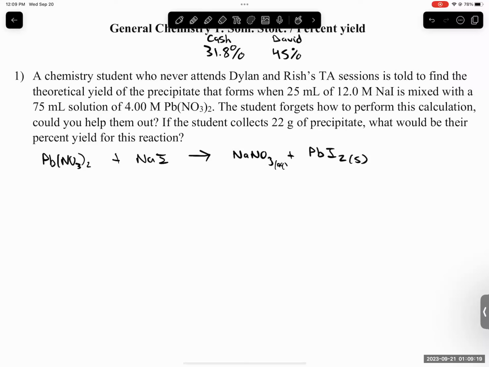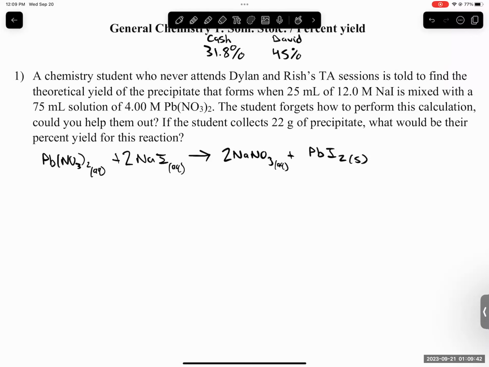So this is aqueous because of group 1, and this is aqueous based on the nitrate. Now we need to balance it. So this is going to be 2 here, and I'll put 2 there. And we're all good.